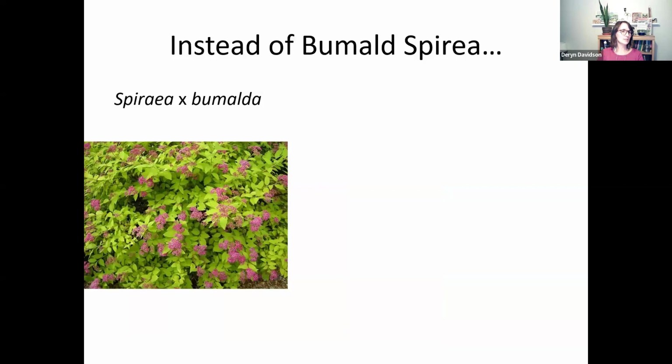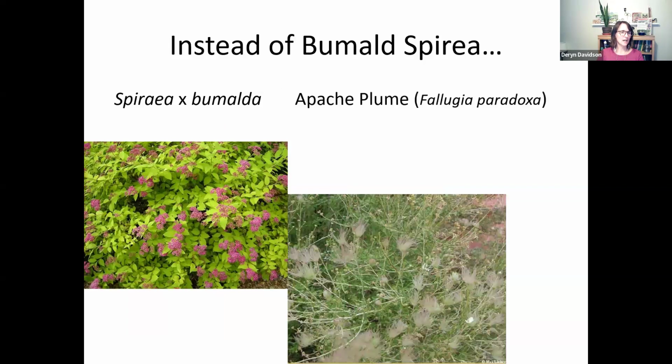Instead of Bumald spirea, we've got a apache plume. So this is an interesting shrub. They get covered in these kind of poofy, floofy seed heads, all growing season long. You can see the genus and species there. That's Fallugia paradoxa.